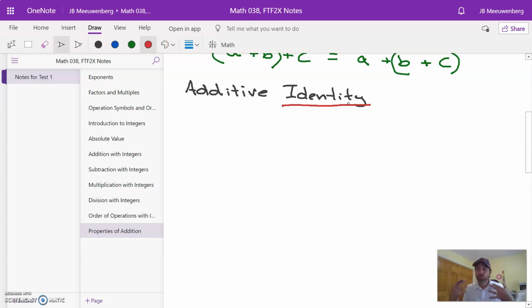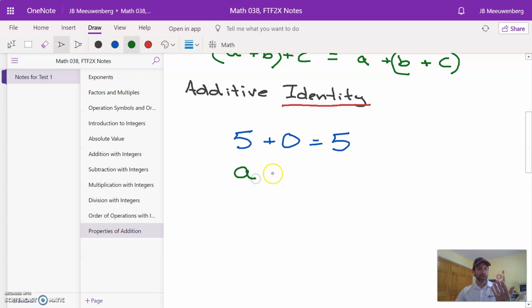Okay, identity is who you are, and so when we are adding numbers, this is one of these things that seems obvious. If I take a number and I add 0, what do I get? That number. If I add 0, I get the same thing that I started with.